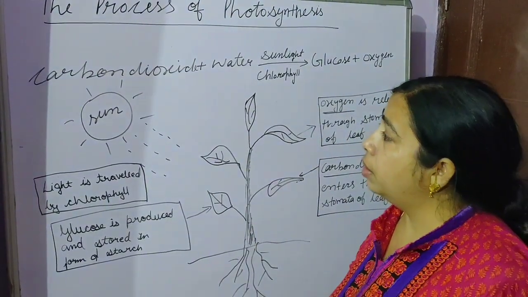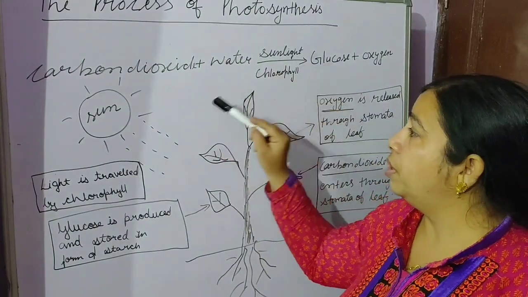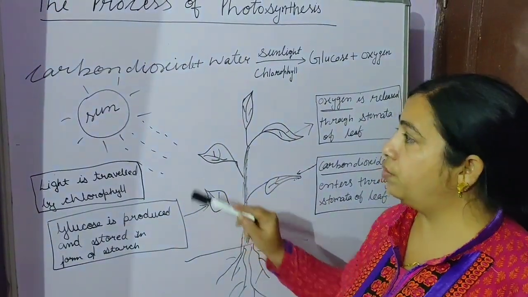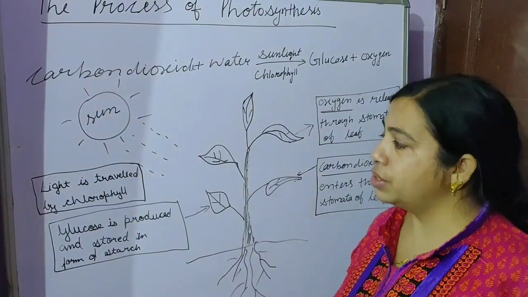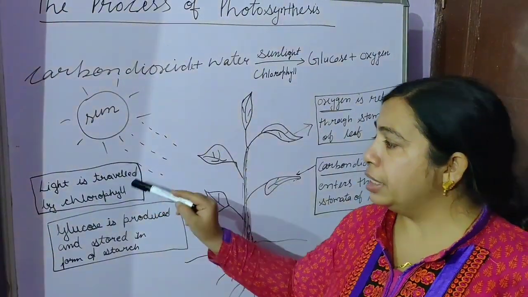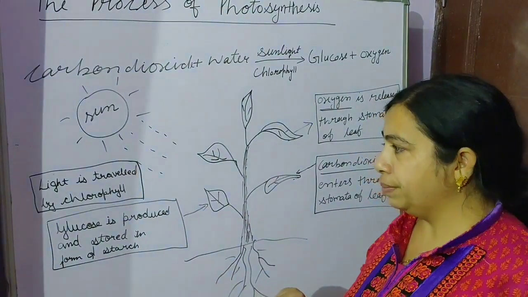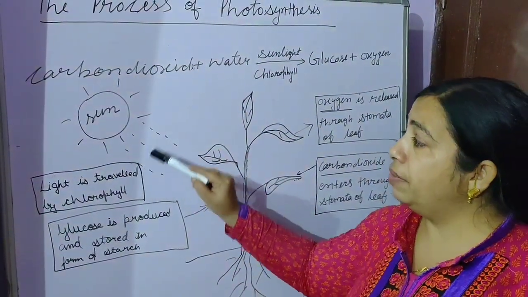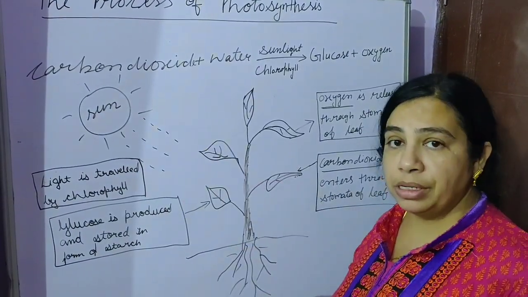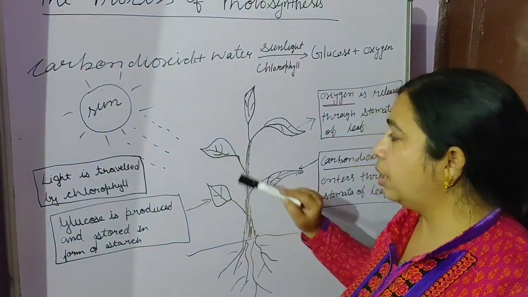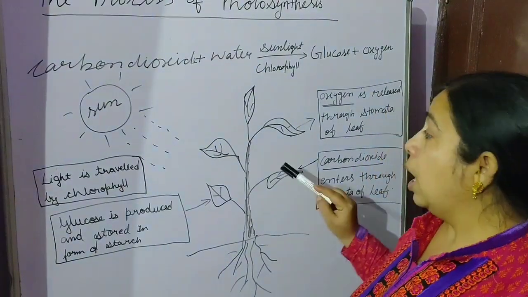Now I will tell you where plants get these raw materials from. First of all, sunlight. Sunlight will come from the sun. Light is travelled by the chlorophyll, which means whenever sunlight is there, chlorophyll is also present with the light. That chlorophyll will be taken by the plants.